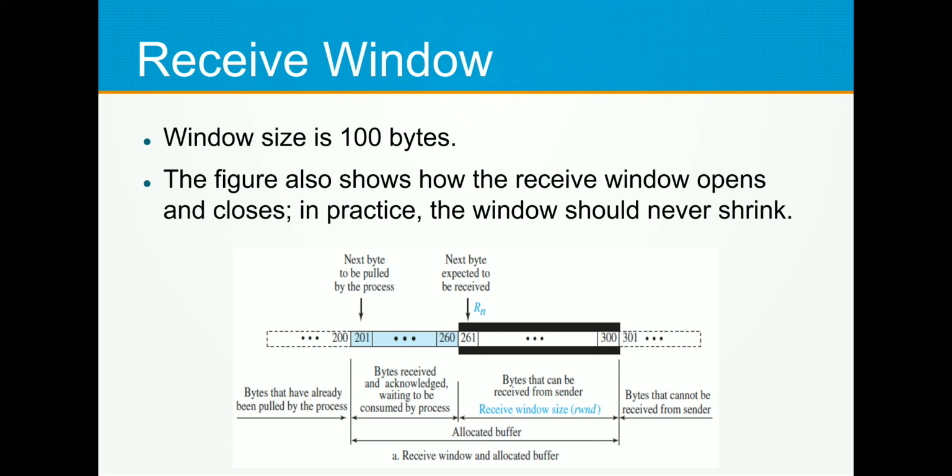All the bytes that have been already read by the process are the bytes shown in white. Prior to 201, these are the bytes that are already read by the application at the application layer.